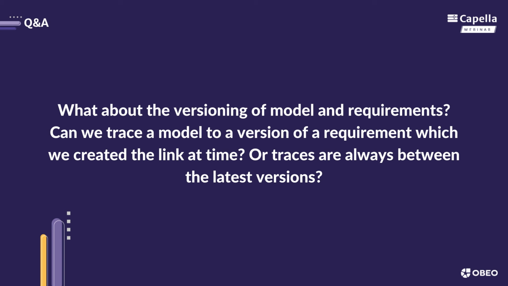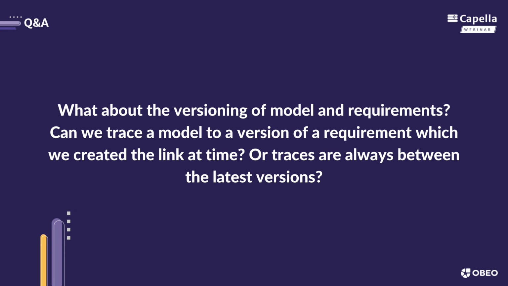Okay, that's a very interesting topic, and I can already see that Adil Yilmaz, who asked it, is probably quite mature on the problematic. So currently, Publication for Capella maintains a trace between the latest version of a Capella model element and the latest version of the requirement.